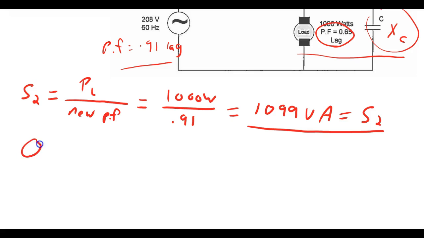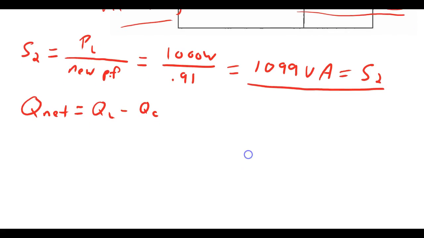And remember that Q net is equal to the difference between inductive and capacitive reactive power, or in this case QL subtract QC. And so Q net, if it's the total, it will be based on P and this new power factor, or S2 at 1099 volt amps. And so therefore Q net will be equal to the square root of S2 squared subtract P squared.